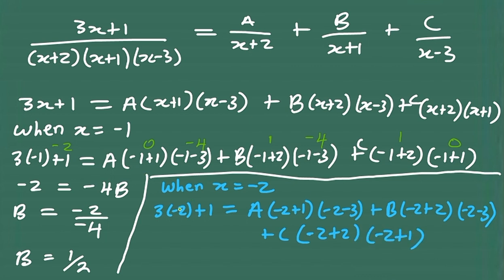Right, so here this will be 3 times -2, which gives us -6, and -6 plus 1 will give us -5.